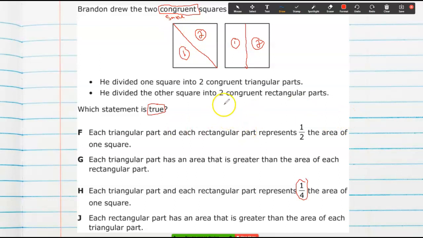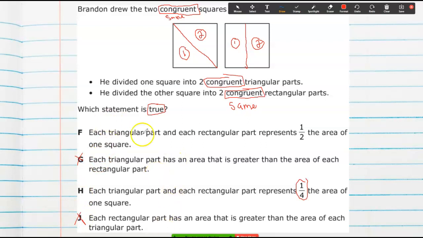So let's talk about a few things. We know that these two shapes are congruent, which means they're the same size and the same shape. So which is bigger, this triangle or this rectangle? If you said they're the same, that would be correct. They are the same because they are congruent and they're both broken up into 2 pieces. So I know the triangle is not greater and I know the rectangle is not greater.